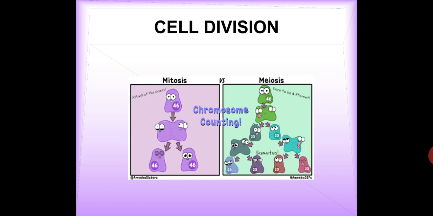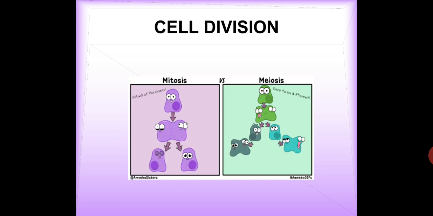Initially, observe the animated Amoeba Sisters clipping showing the difference between two cell divisions, mitosis on the left and meiosis on the right. What have you observed?